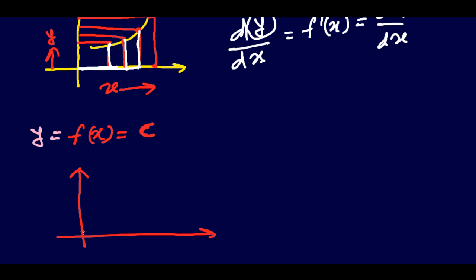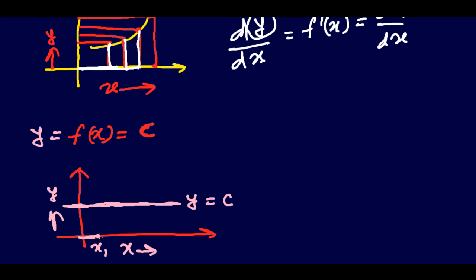So the y value is constant. Let's say this is our y-axis, this is our x-axis, and the y value is constant, let's say here. It will be a perfectly straight line. So y equals c, that's our constant. When I was here, let's say this is x1, then the value of y is y1.